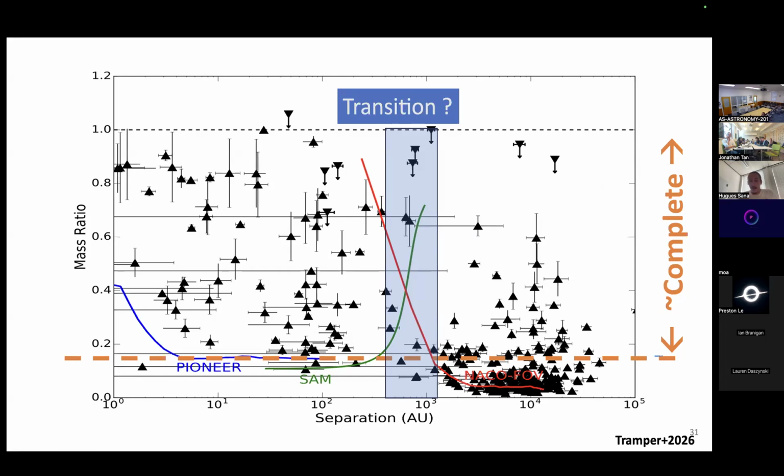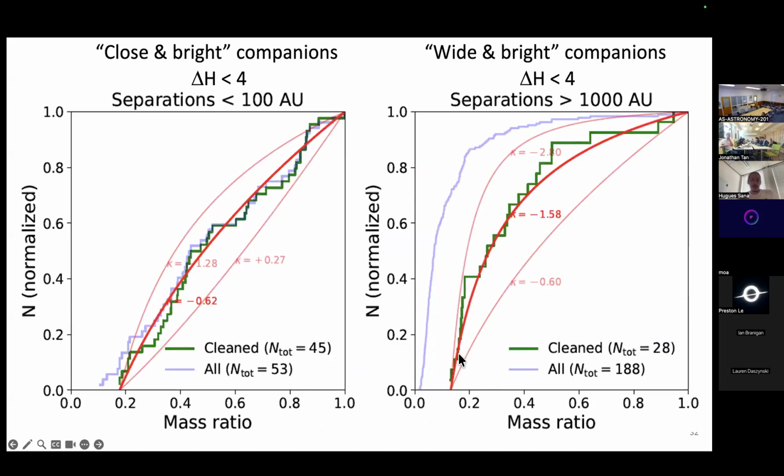And we can do a full analysis that's been done by a postdoc that was here a couple of years ago, Frank Tremper. And what he finds is that for those bright companions with magnitude difference less than 4 magnitudes, that correspond basically to mass ratio of 0.1, 0.2, the mass ratio distribution is much steeper.